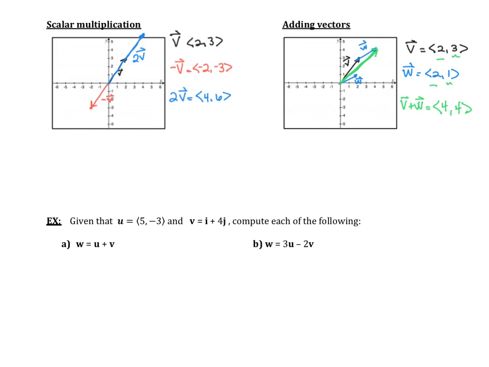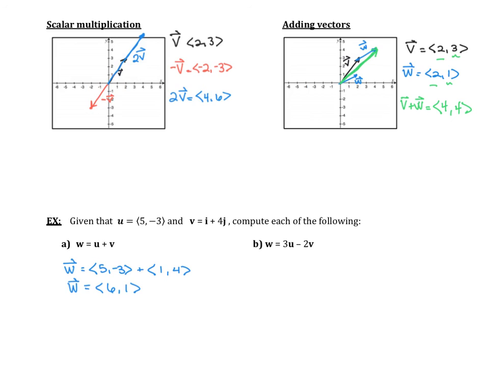So if we want to find W, I know W is the U vector plus the V vector. So if I were to set this up, let's do the angled bracket notation. U is 5, -3, plus V is 1, 4. So my W then would be 6, 1.